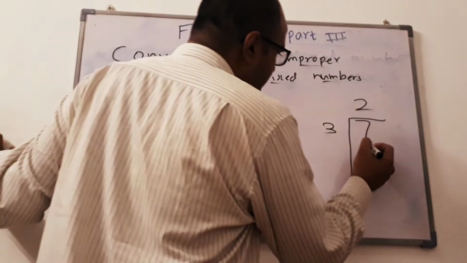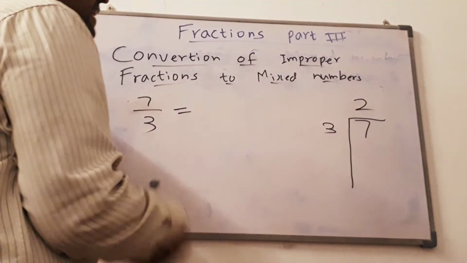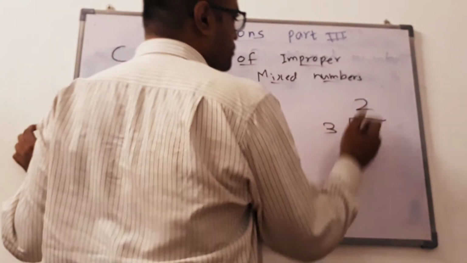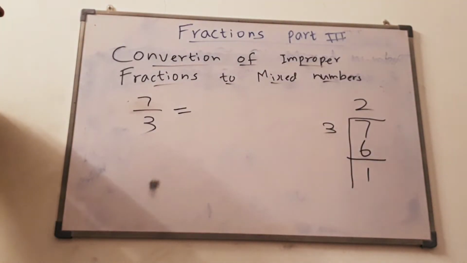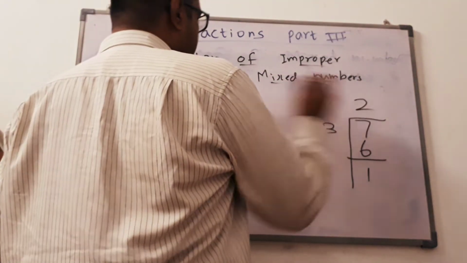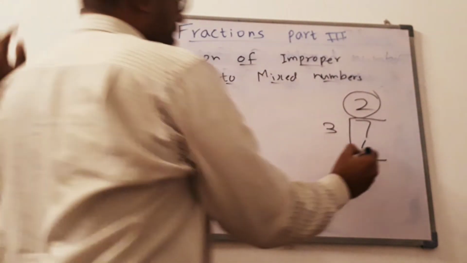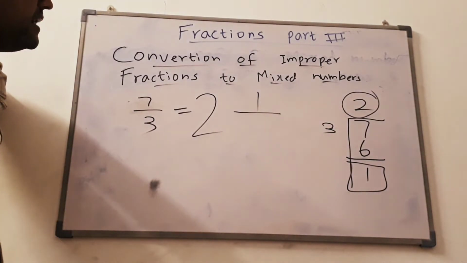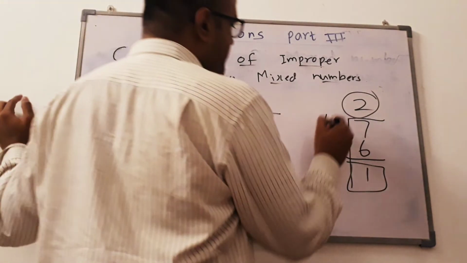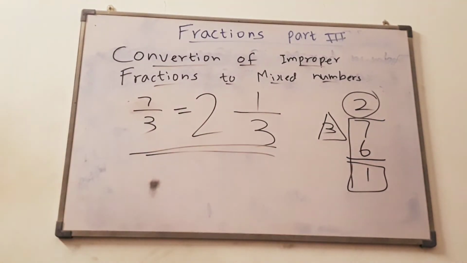So we find how many 3s are there in 6, not 9. 3 times 2 is 6. 7 minus 6 means 1. Here the quotient is the whole number, remainder is the numerator, and divisor is the denominator. So this is the answer for 7 out of 3.